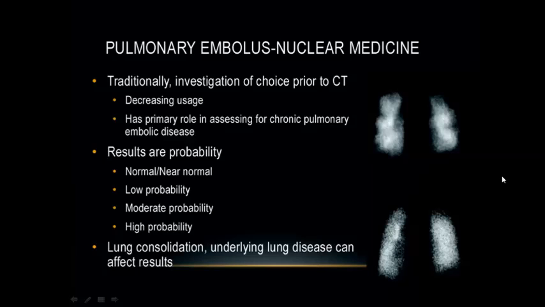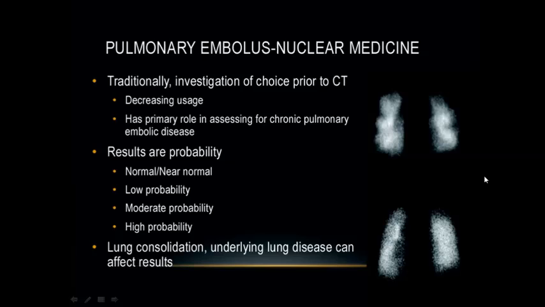Nuclear medicine, SPECT, CT or PET has a primary role in assessing chronic pulmonary embolic disease. Results of a nuclear medicine study are usually described as probability.